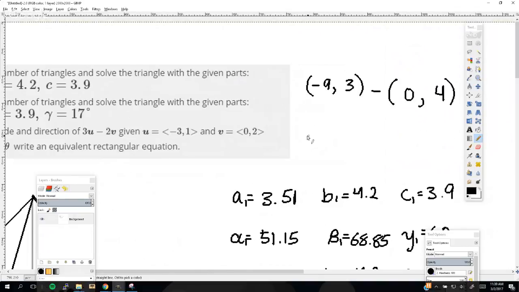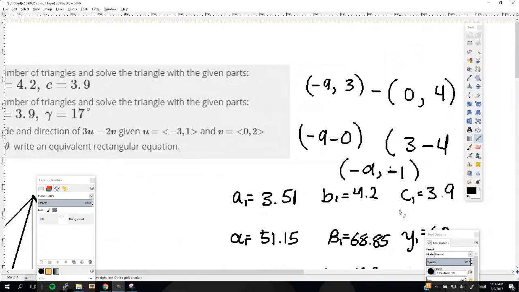Yep. Okay. So 9 minus 0 would be 9. 3 minus 4 would be, so would it be negative 9, negative 1? Yeah, I got -9, -1.